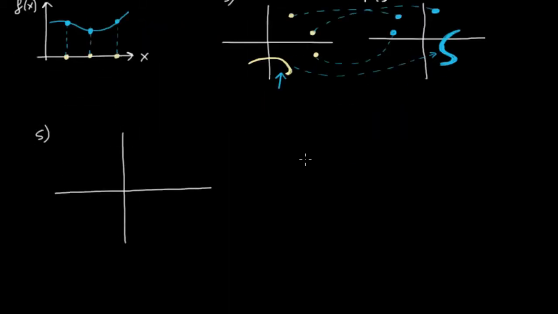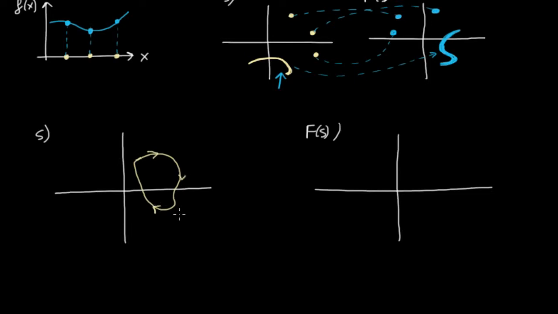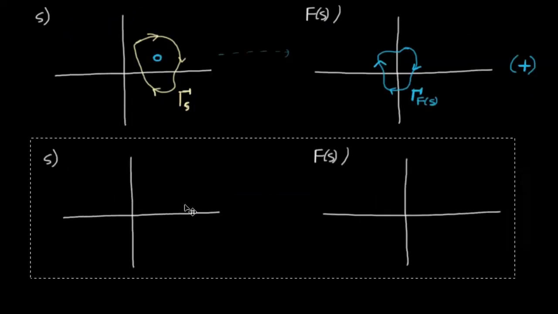The principle shows that if a closed trajectory, which we'll denote as capital gamma s, is passed to the function f of s, and such function has a zero inside the area encompassed by the trajectory, then the image trajectory, denoted as capital gamma f of s, will encircle the origin in the same direction as gamma s. We say then that there has been a positive encirclement of the origin.